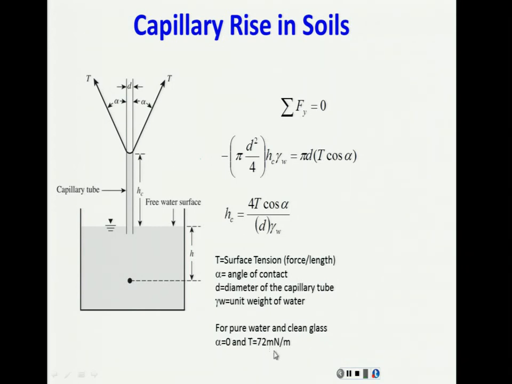This is 72 what? Newton per meter. If you put these values in here, you get the capillary rise of 1 divided by D approximately, and that's what we use basically for soils.